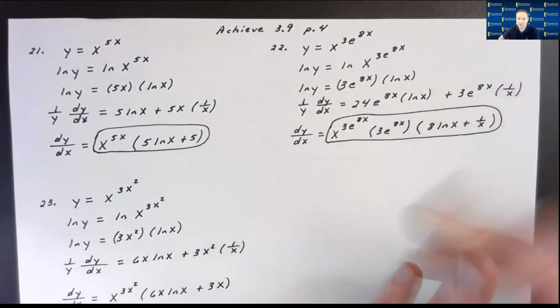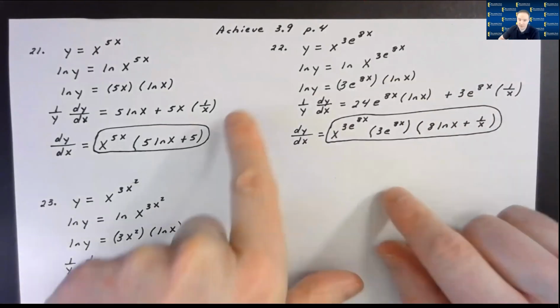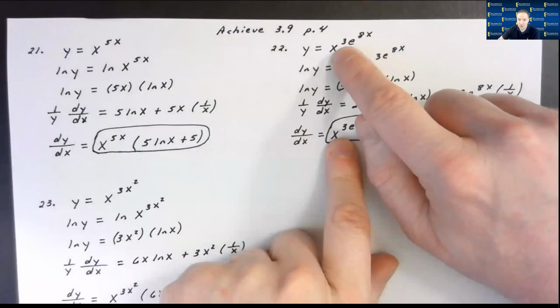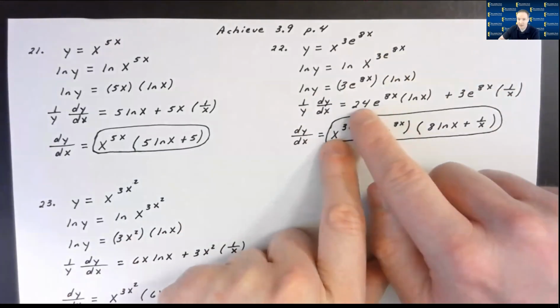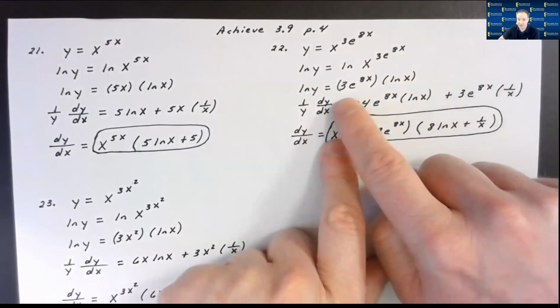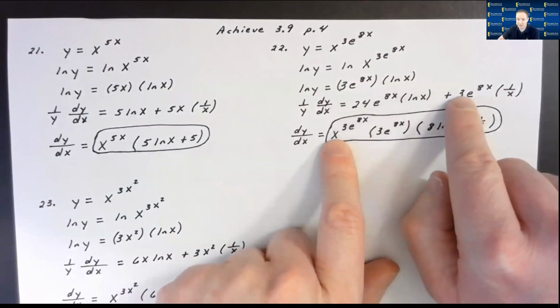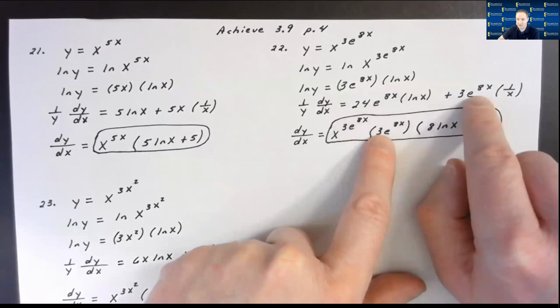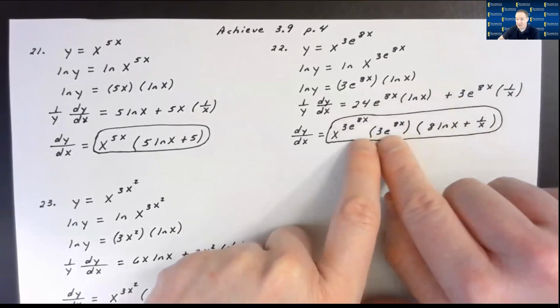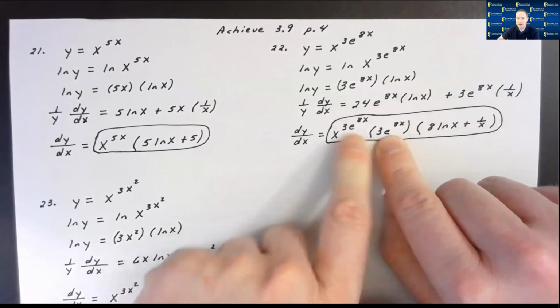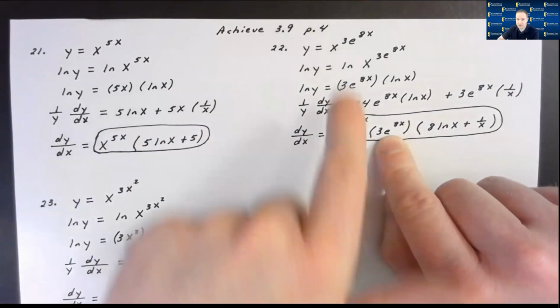Now, when I simplified this expression, I knew I was going to have to multiply by y on both sides, which is just your original term here. And I could have written this out as multiplying that original term. I just looked at these two and I said, well, they both have a factor of 3e to the 8x. So I went ahead and brought that out front. You don't have to. So this came from the original.